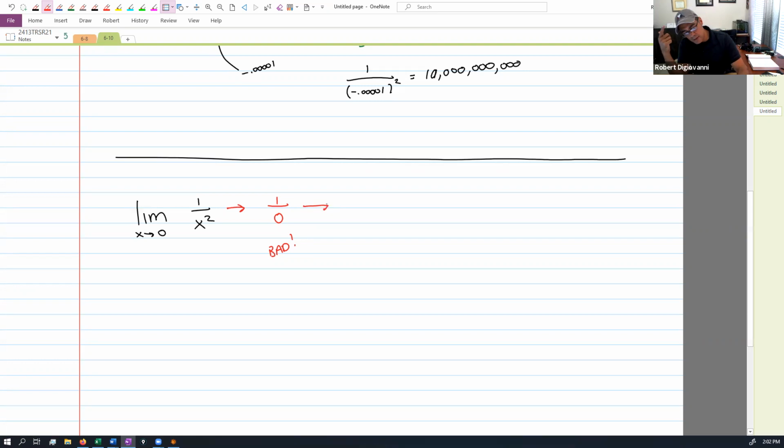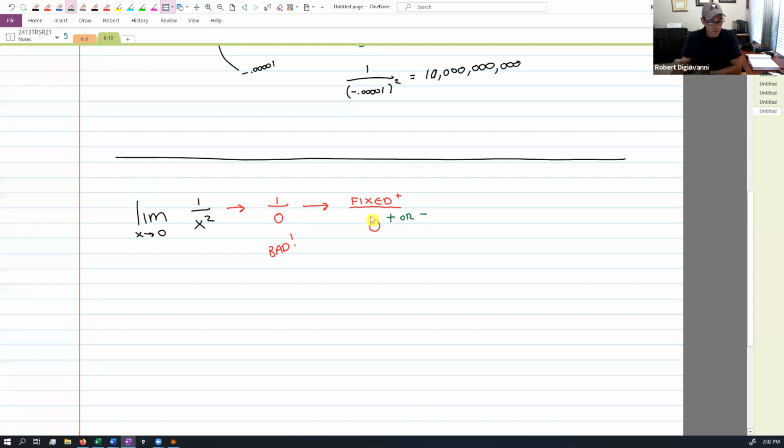So the top is a fixed positive or negative number. It's positive. 1 is a positive number, so this is a fixed positive number. Now, the bottom we know is headed to 0. The question is, is it headed to 0 through positives or negatives? Well, that depends on which side of the limit I'm coming in on.